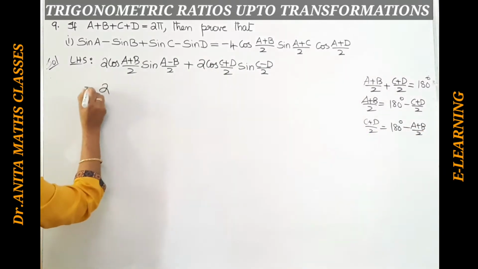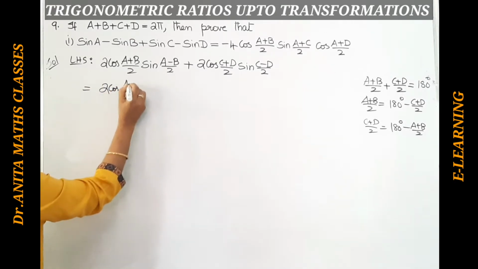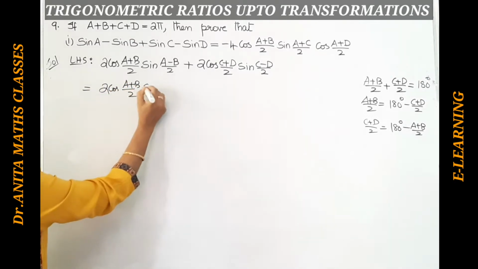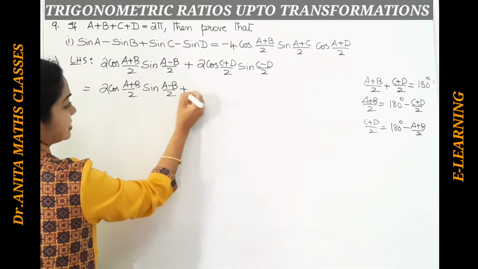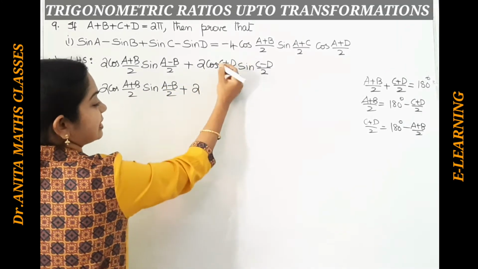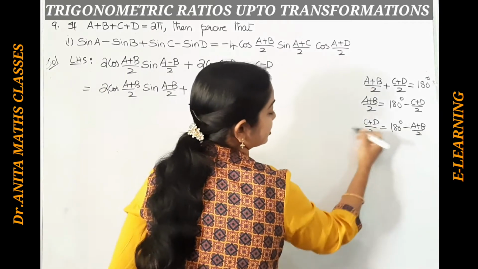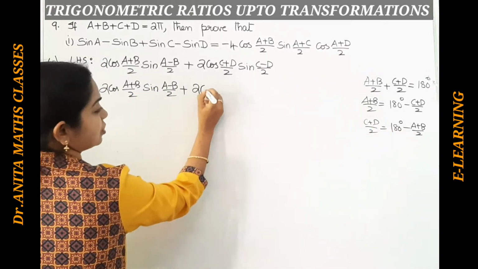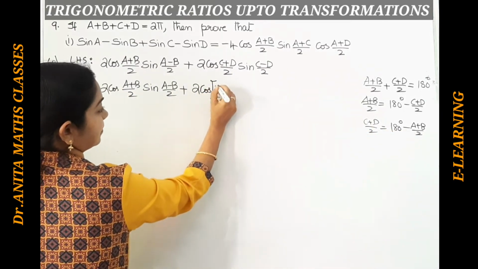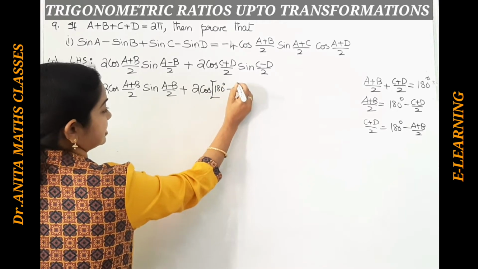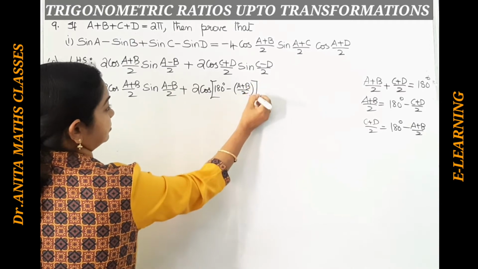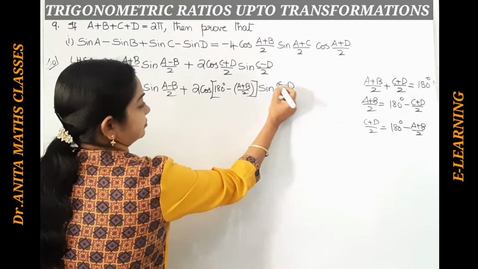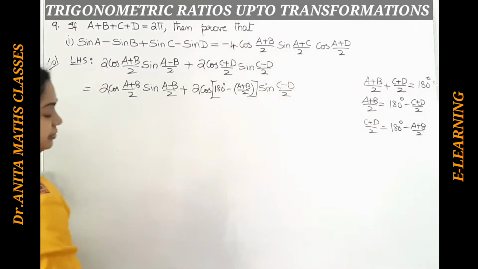So this becomes 2 cos A plus B by 2 and sin A minus B by 2 plus 2 cos C plus D by 2. So I'll apply cos both sides. I can write it as 2 cos of 180 minus A plus B by 2, and again I'll write sin C minus D by 2 here.